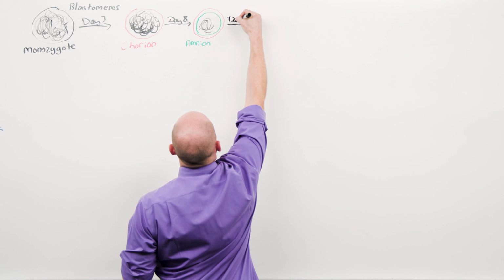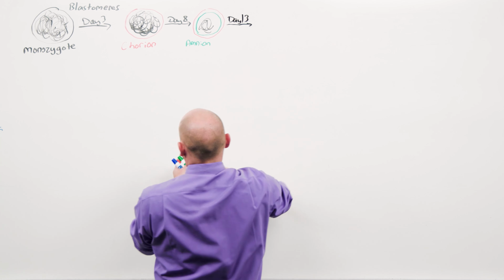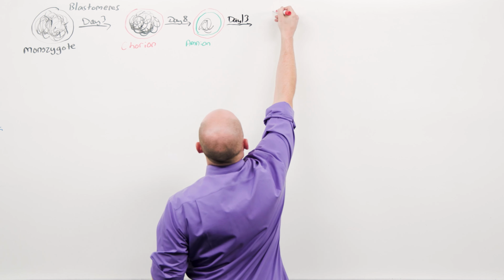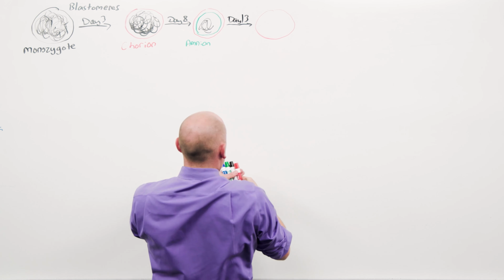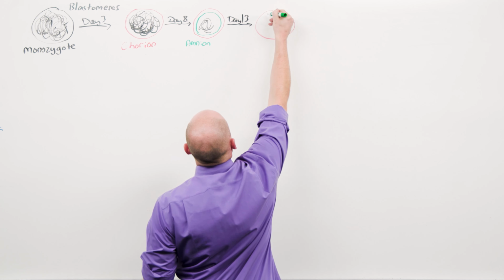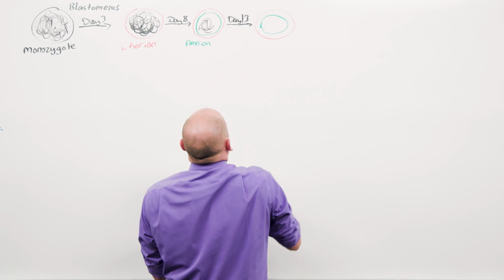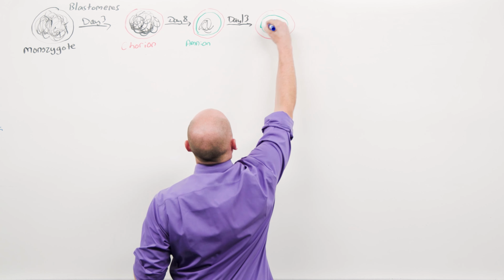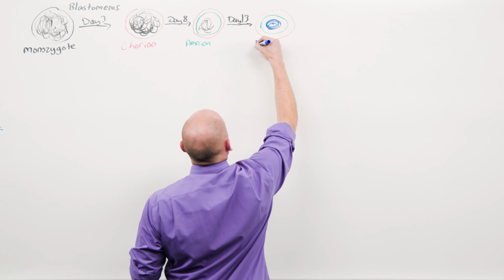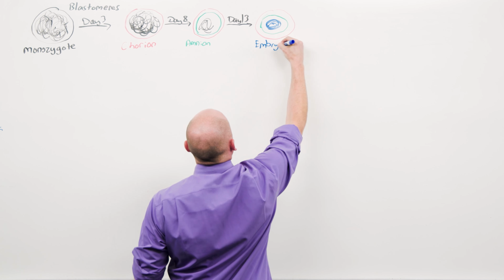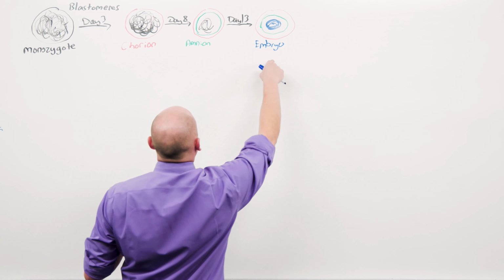Day 13. The chorion has already differentiated. The amnion has already differentiated. And now the embryo differentiates. From the outside in.